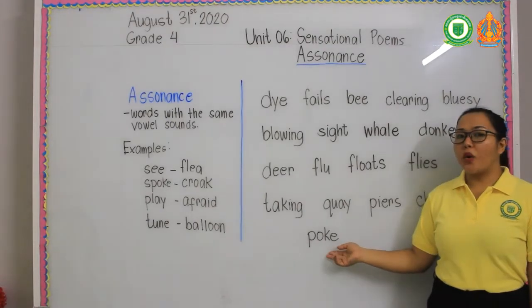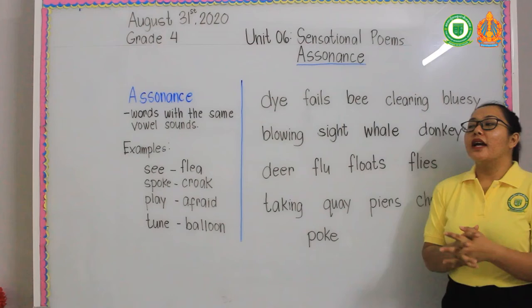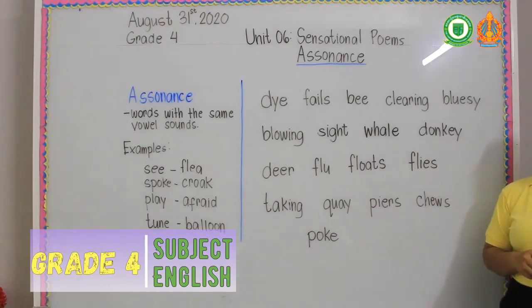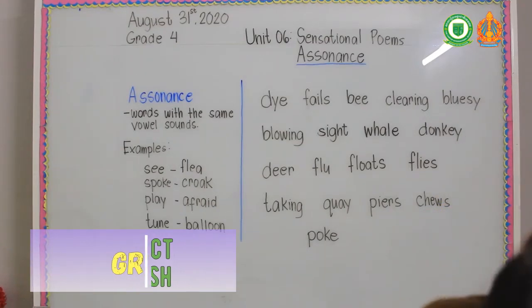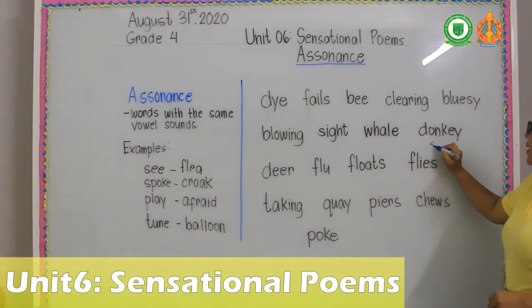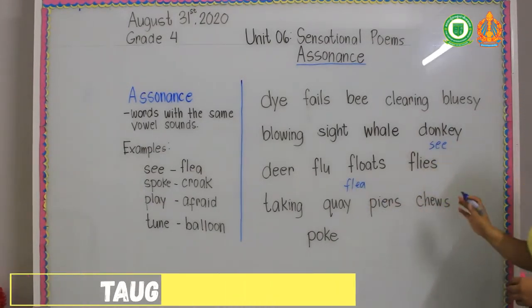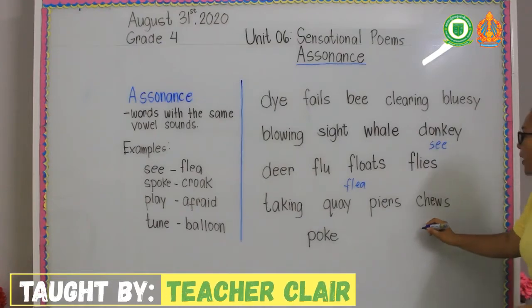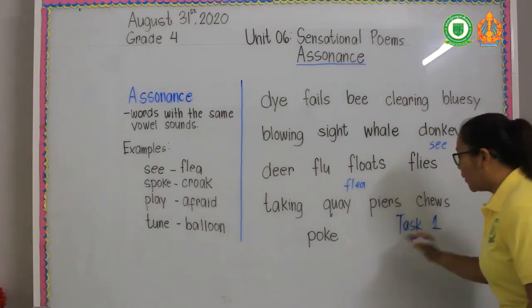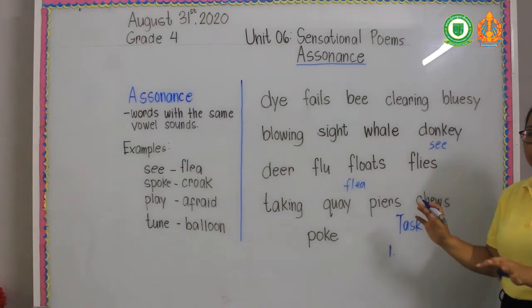Poke. Okay, good. So for task 1, everyone, you have to group each word into the same vowel sound. So how are you going to do that? For example, see and flee are here. So you have to group the words all together. For task 1, on your notebook, put number 1, and then find the words with the same vowel sounds.